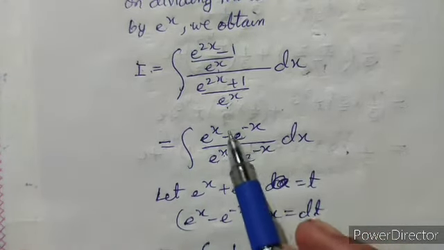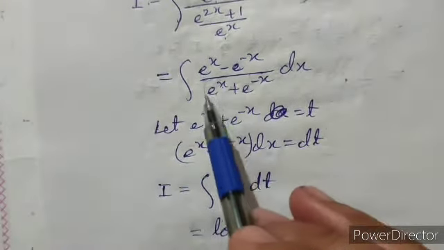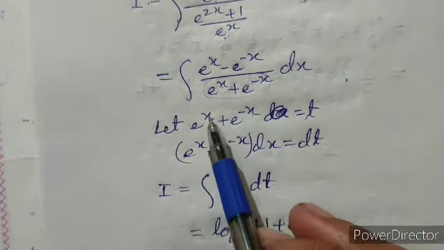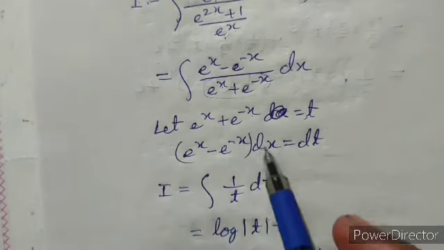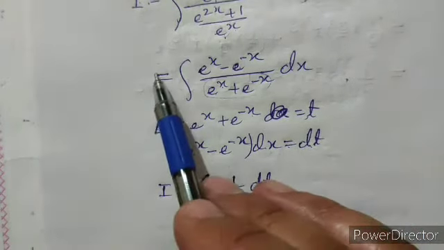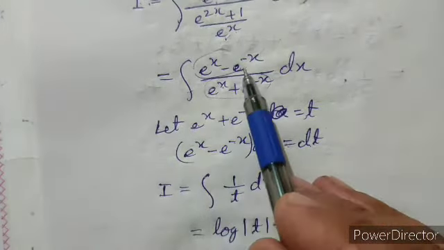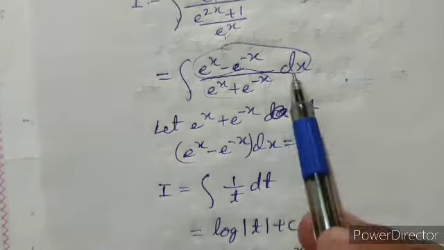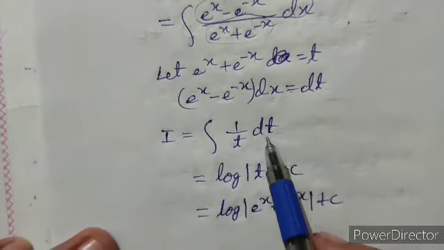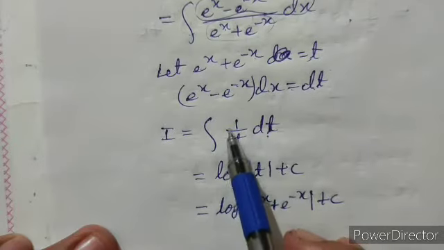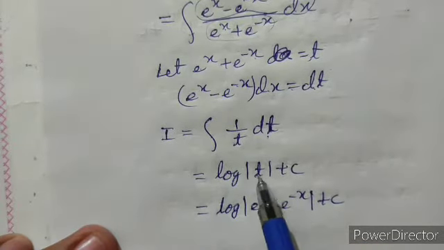and that can be written as e raised to power minus x. Now, on taking e raised to power x plus e raised to power minus x as t, e raised to power x minus e raised to power minus x dx will be equal to dt. And this will give us I as integral of, now this whole was equal to dt, so this will be equal to 1 upon t dt, which, now integral of 1 upon t dt will be equal to log t plus c.